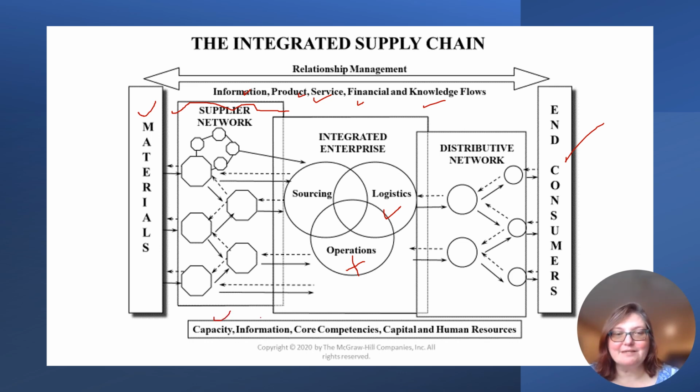Do you have enough capacity? More information, core competencies. Do you have enough capital? Do you have the trucks? Do you have the planes? Do you have the trucking or railway capacity? How are you delivering this in human resources? In essence, what this particular chart describes is a very complex business.